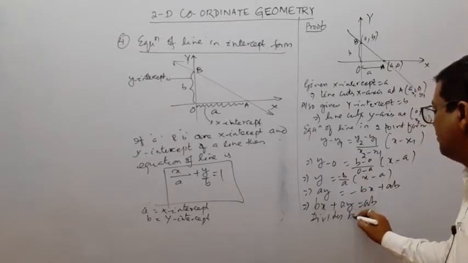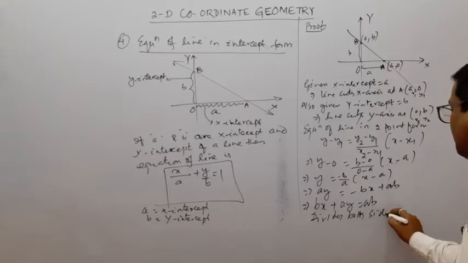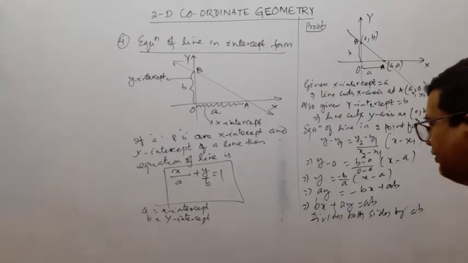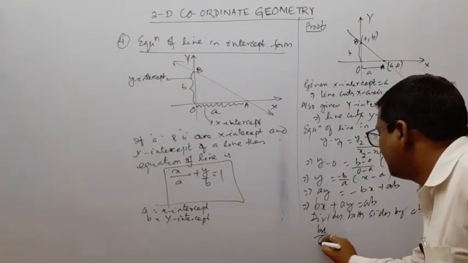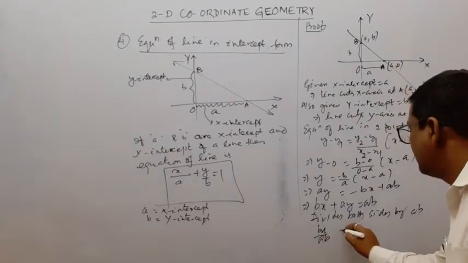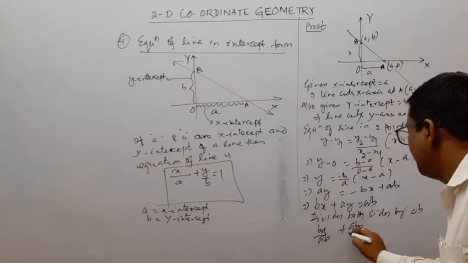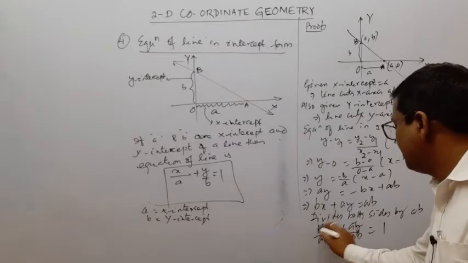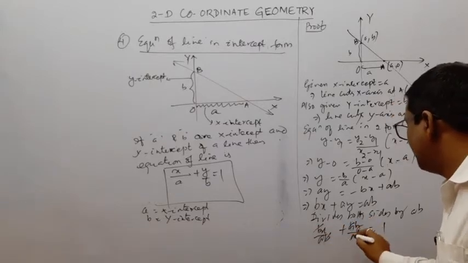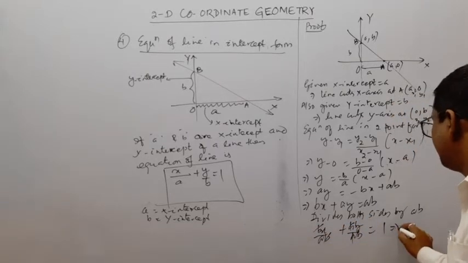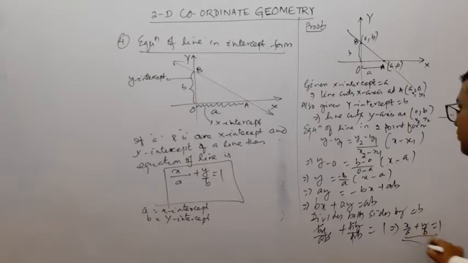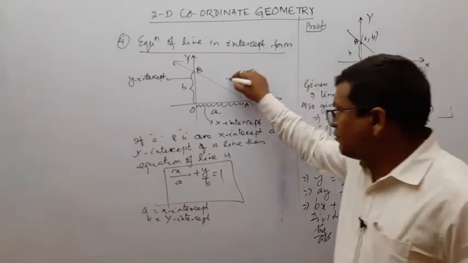So bx by ab plus ay by ab is equal to 1. So b cancels here, a cancels here. That implies x by a plus y by b is equal to 1. This is the proof of the intercept form of the equation of a line.